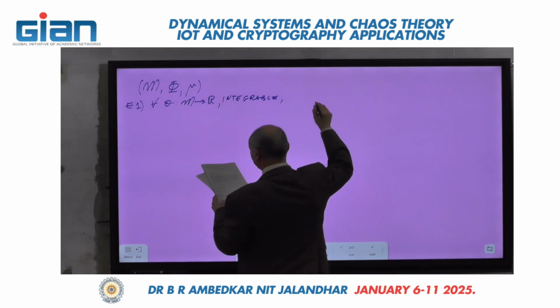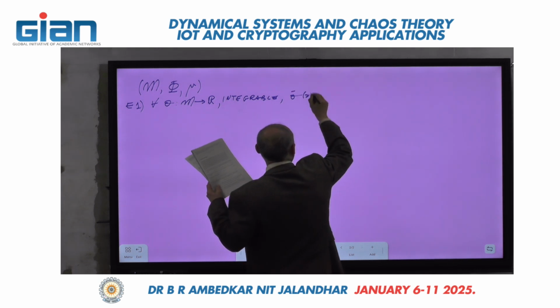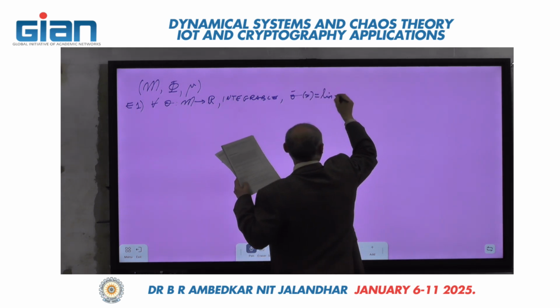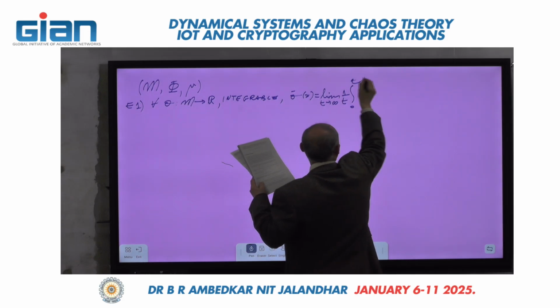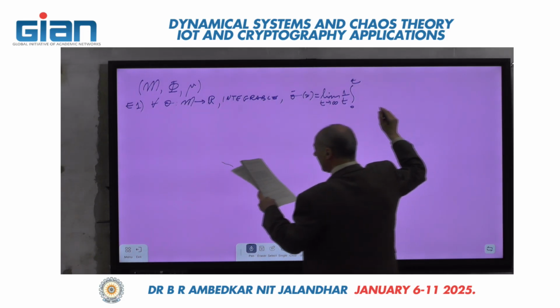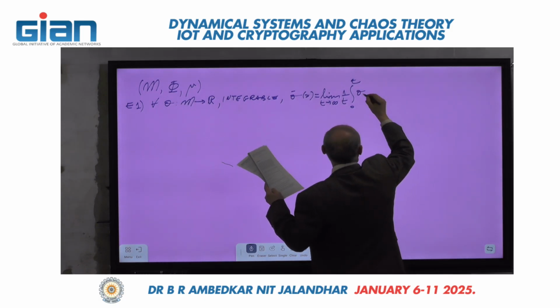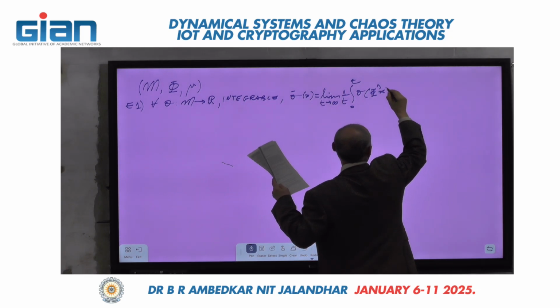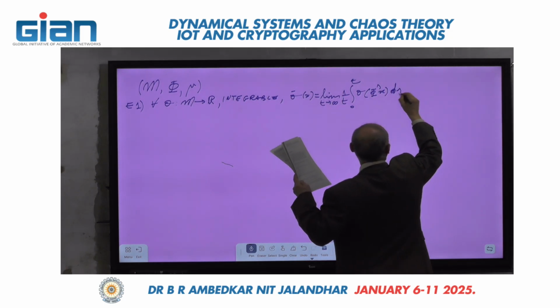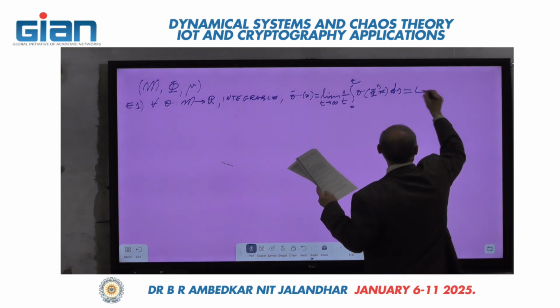We have that O bar of x, which is equal to the limit as t goes to infinity of 1 over t times the integral from 0 to t of O computed along a trajectory starting at x, is equal to the expected value with respect to mu.